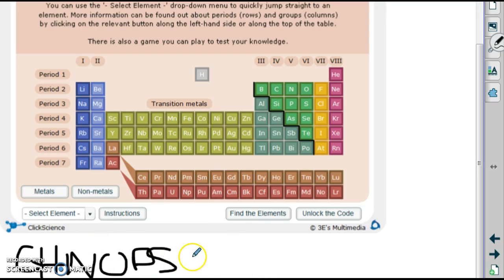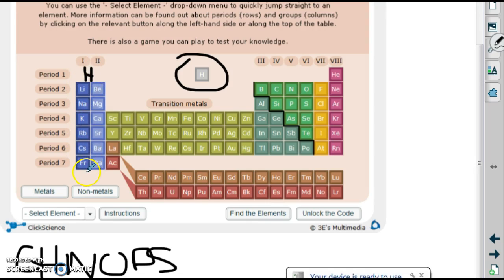And because they are all nonmetals, even hydrogen, remember that hydrogen is over here, which looks like it's a metal. They put it over here, but it's just over here because it has one valence electron.